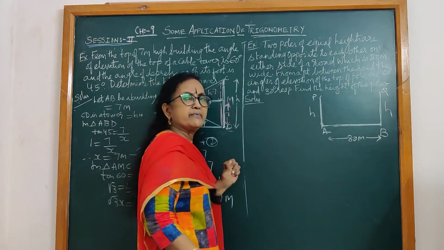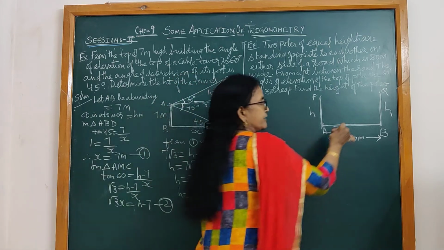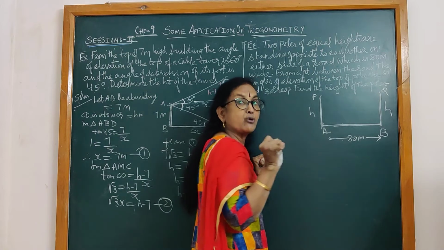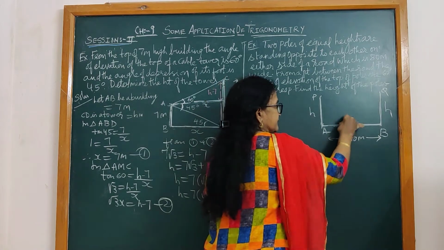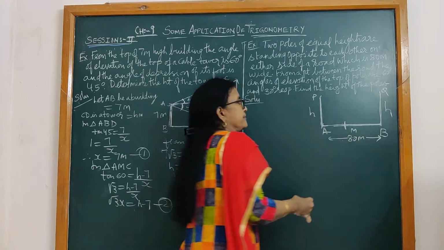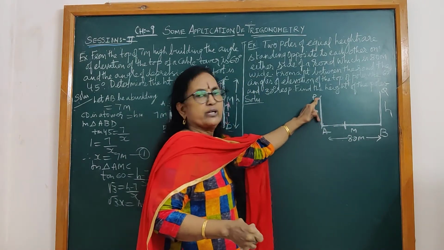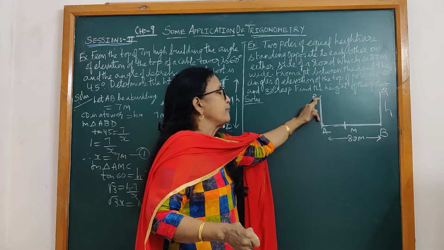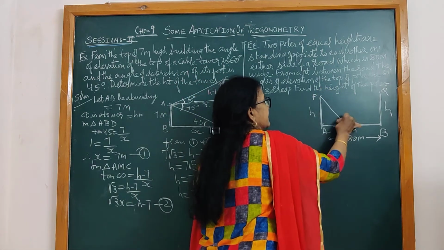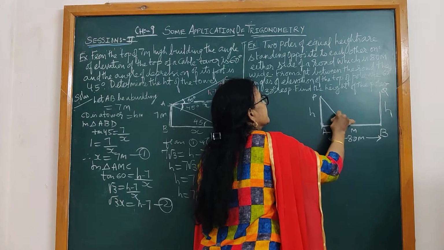From a point between the road, I told you it can be here, it can be here, it can be here. It is not a midpoint. So I am taking this point in between the road, that is M. From here, you are looking at the top of the pole, so the angle of elevation is 60 degree.